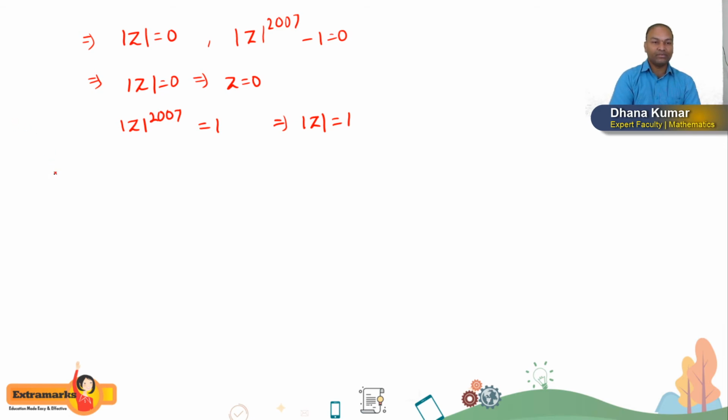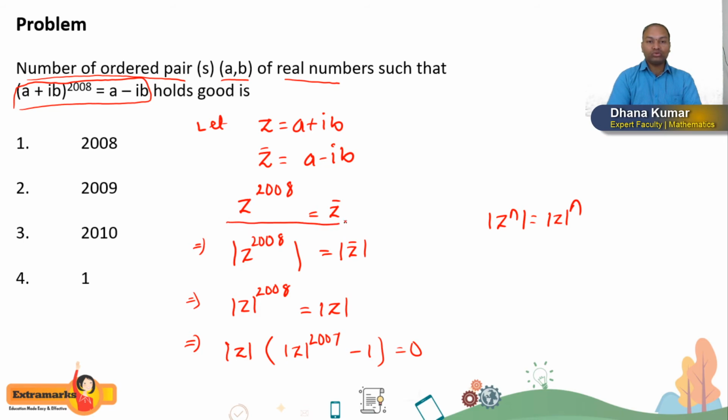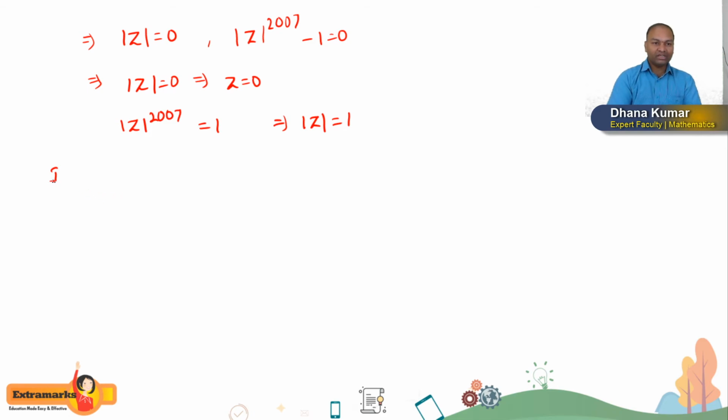Okay, fine. Just you see here, since the condition is what? z power 2008 is equal to z bar. Okay, I am taking this one. z power 2008 is equal to what? z bar. Correct now? Okay, fine. Multiplying both sides with z, then z into z power 2008 is equal to what? z into z bar.